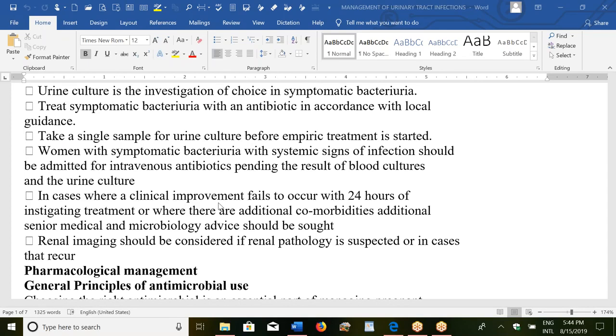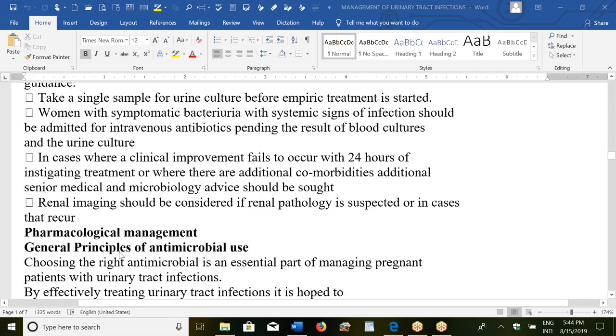In cases where a clinical improvement fails to occur within 24 hours of starting treatment or where there are additional comorbidities, additional senior medical and microbiology advice should be sought. Renal imaging should be considered if renal pathology is suspected or in cases that reoccur.